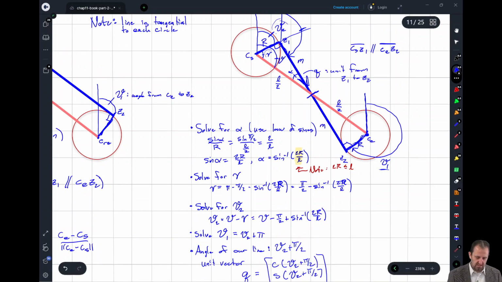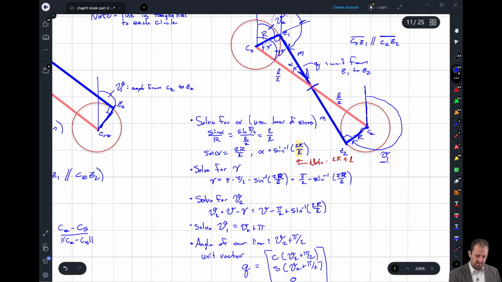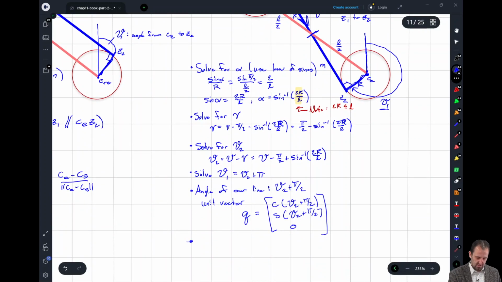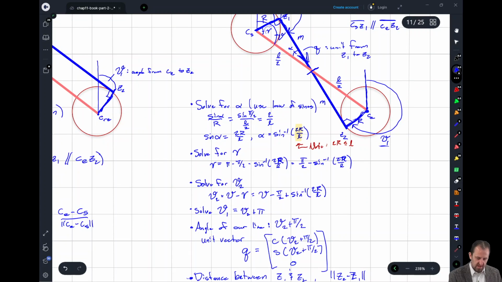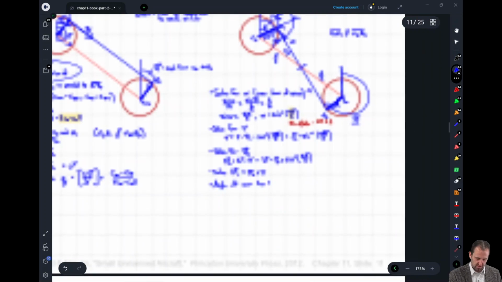Okay, the last thing we need to solve for is m, or the distance along our line. So the distance between Z1 and Z2. And we note that this distance, Z2 minus Z1, if we look at these triangles, is just going to be equal to 2m. Now I'm going to write the rest of this.